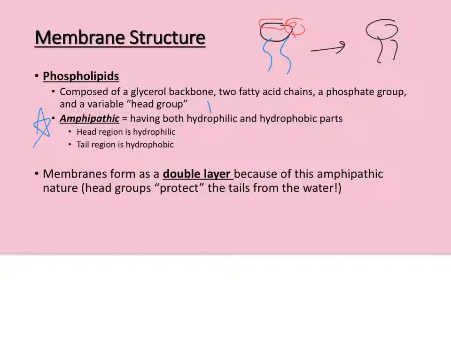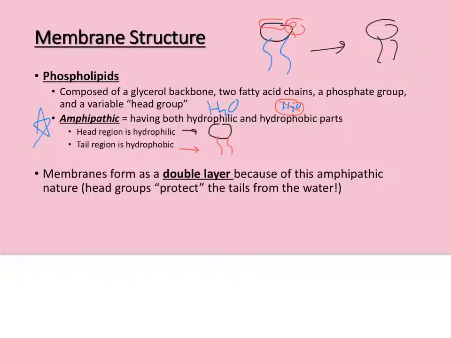So hydrophilic likes water, hydrophobic does not like water. Now, when we look at a phospholipid, the head region is hydrophilic. It likes water. While the tails, or the tail region, are hydrophobic.